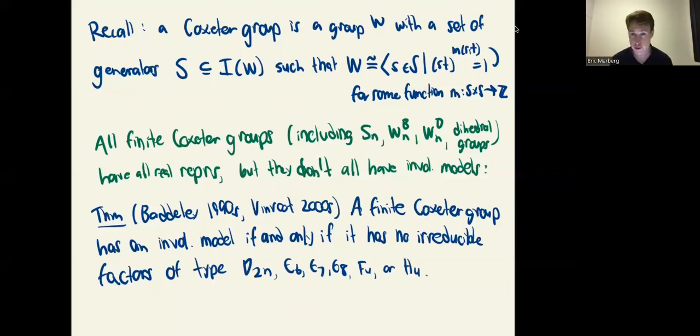So the big things that are excluded here are the type D and even rank, but the other classical groups have involution models.